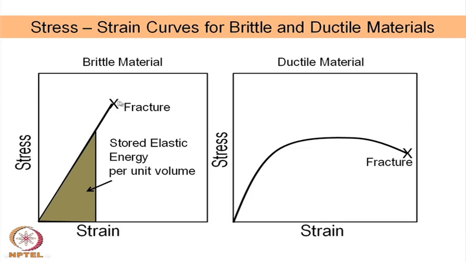This region is missing there, that means there is no plastic deformation. So, before it fractures, there is no plastic deformation, and therefore, there is no gradual fracture process. The fracture is almost instantaneous. Once it starts, it is instantaneous.